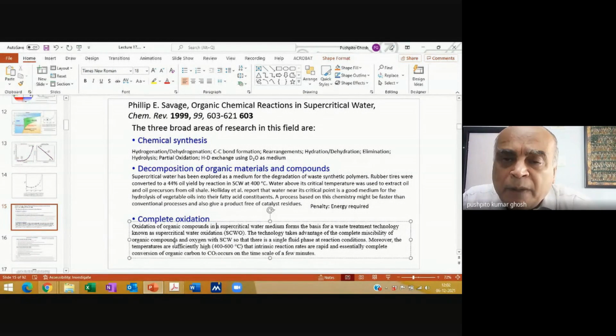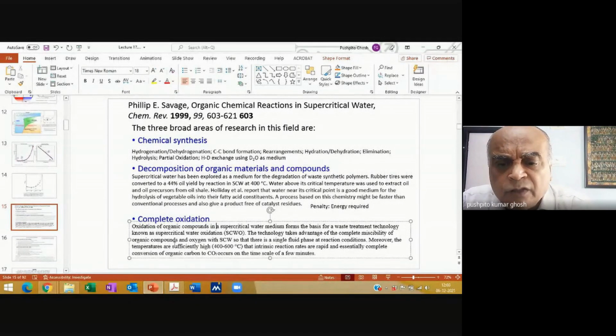Otherwise, my impurities are at a low concentration, my oxygen is also at a low concentration. Naturally, my rate of the reaction will be sluggish. But at least if I can increase the concentration of one of them to a very high level, then at least one of the constraints is lifted.